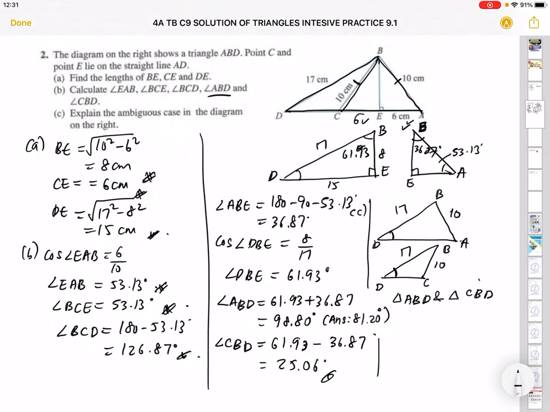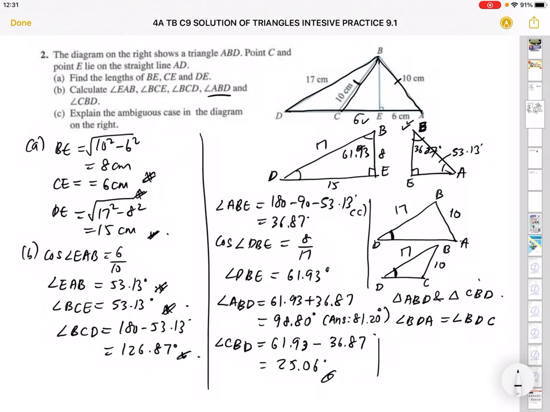All right, they are ambiguous, because why? Angle BDA is the same as angle BDC. These two angles, they are equal, right?